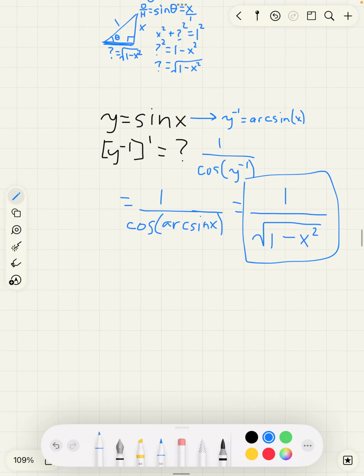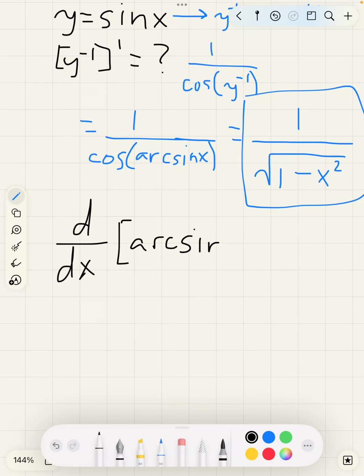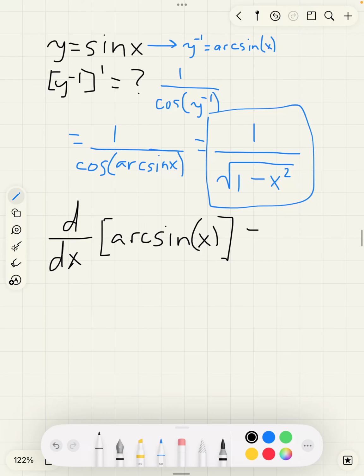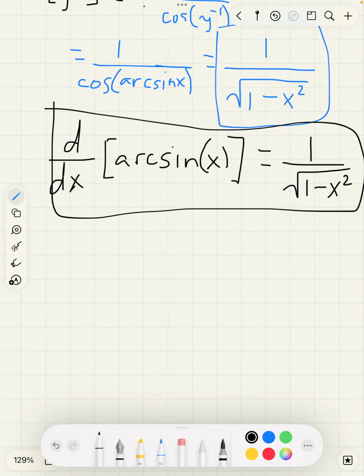If I go through a similar process, let me summarize what we just found here. Right, that's the first one. Now, if I were to go through a very, very similar process, I could find the derivative of arccosine of x.